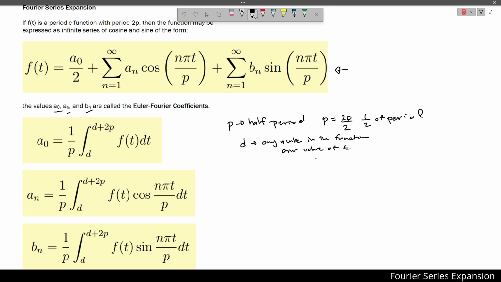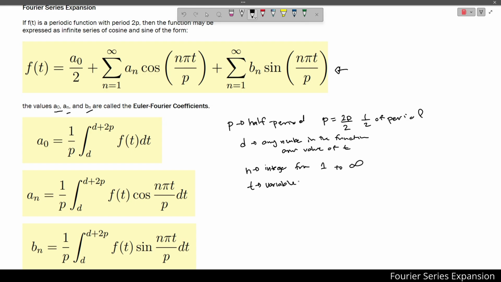Hence, periodic siya. You may take any value or any range from d to d plus 2p. N is an integer from 1 to infinity. And t is your variable.